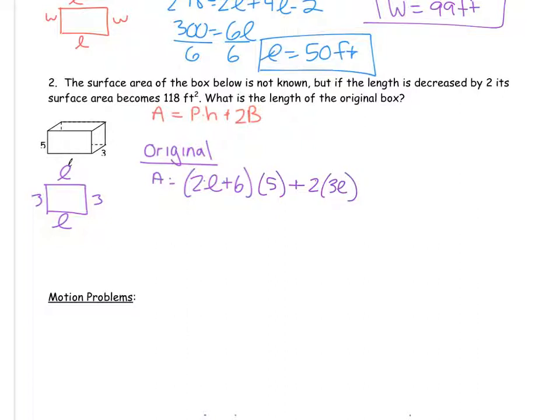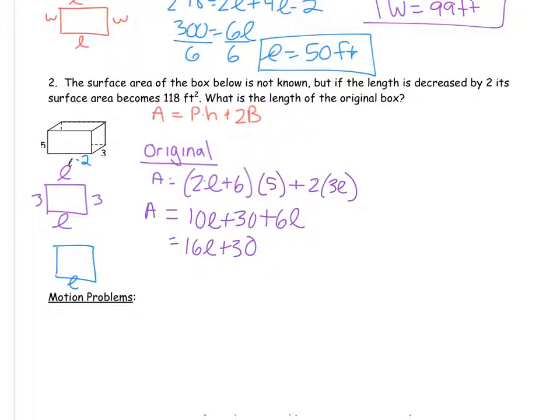We can simplify this if you want to, so the original area of the shape would be 10L plus 30 plus 6L, which simplifies to 16L plus 30. Now, what the problem is asking us to consider is, what if the length is decreased by 2? So our new base looks like this: L minus 2, 3, 3, and L minus 2.